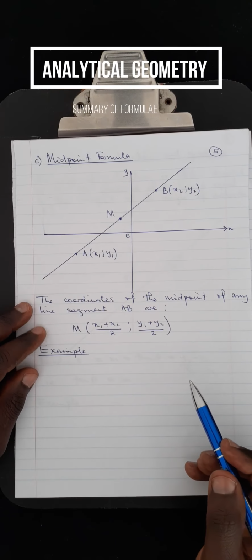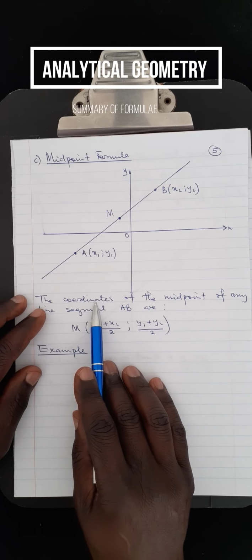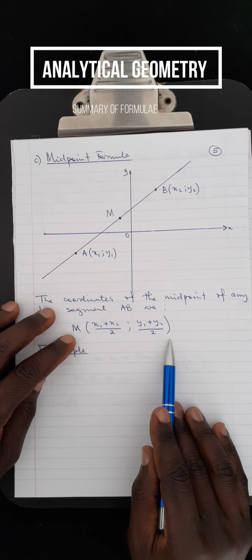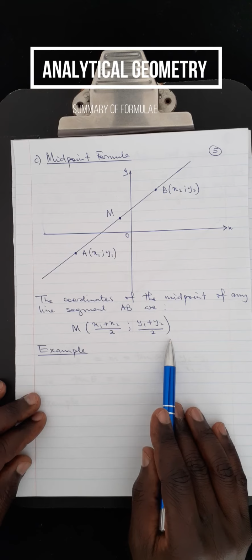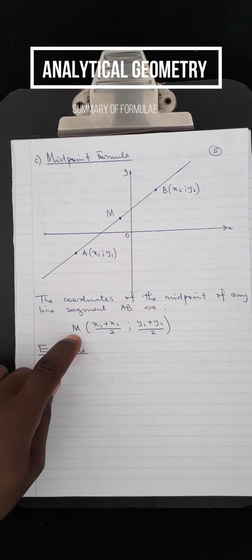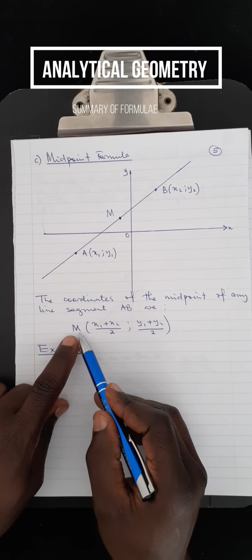So the coordinates of the midpoint of any line segment, this is the formula that we use when you want to find the coordinates of the point. M is the name of the midpoint. It can be any point P, but we use M as the general name for the midpoint.